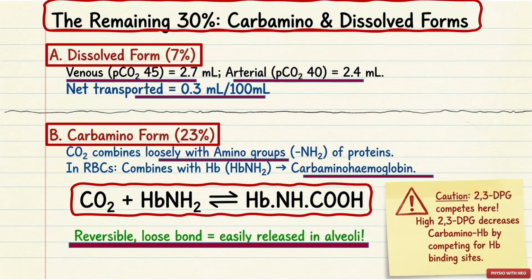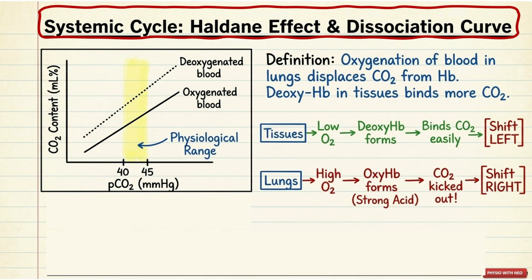This concept directly leads us to the Haldane effect. The Haldane effect is defined as: oxygenation of blood in the lungs displaces carbon dioxide from hemoglobin, and deoxygenated blood carries more carbon dioxide than oxygenated blood. In tissues, when oxygen leaves the hemoglobin, deoxyhemoglobin forms and more carbon dioxide is taken up.